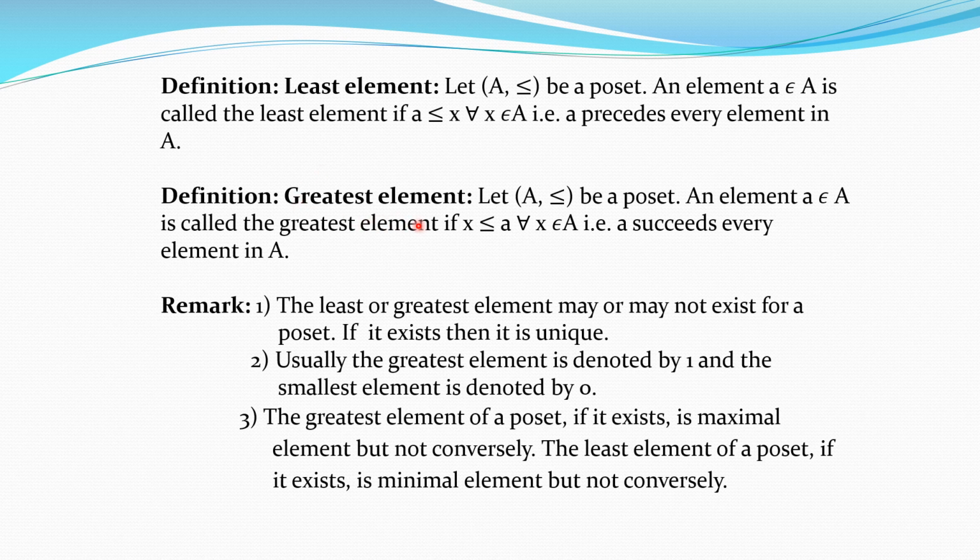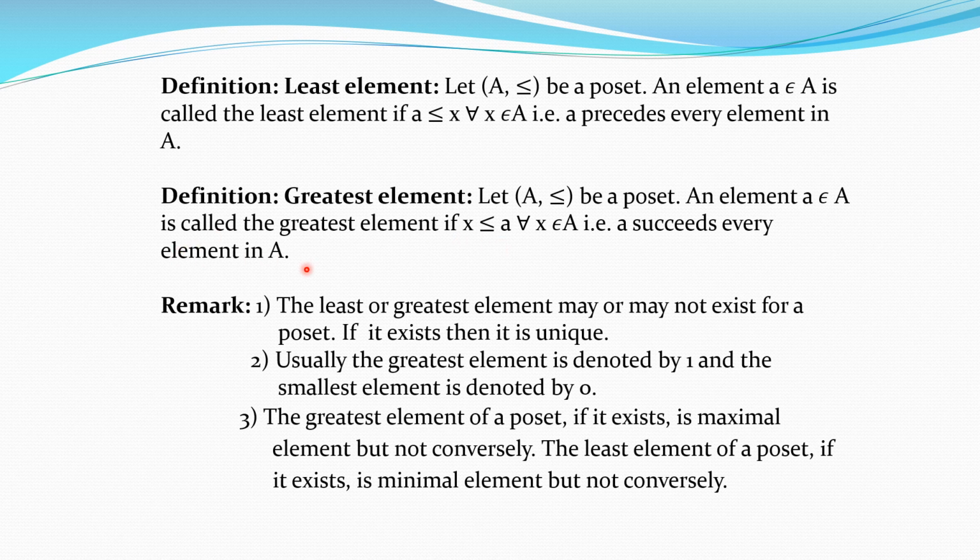Now, what is the greatest element? Again, A is a poset, then an element a in A is called the greatest element if x precedes a for all x in A. So, if all elements in that set A are preceding a, then in that case a is the greatest element. In other words, a succeeds every element in A.